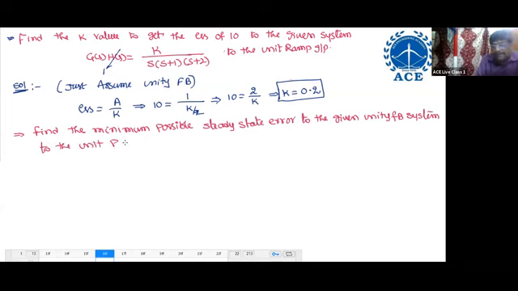G of S equal to K by s into (s plus 1) into (s plus 2). What is the minimum steady state error possible to this system?